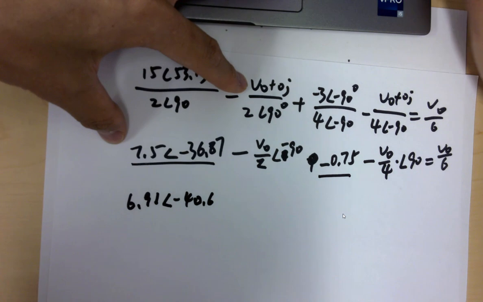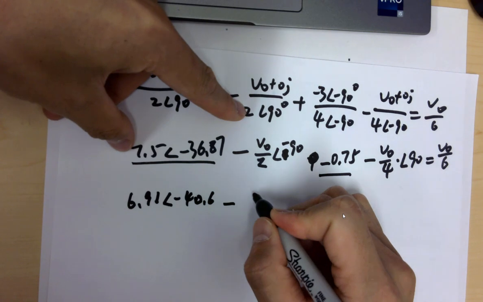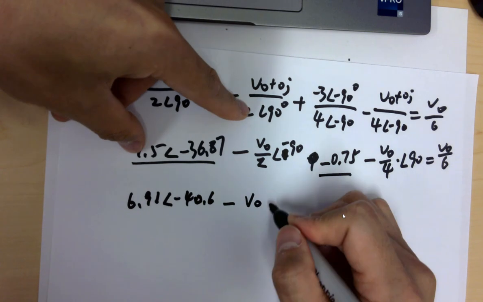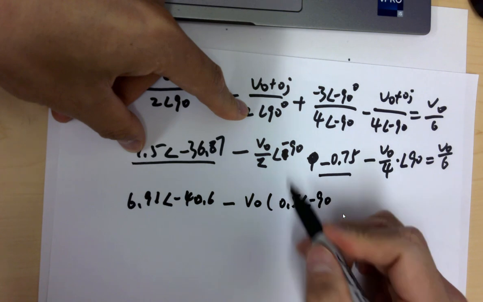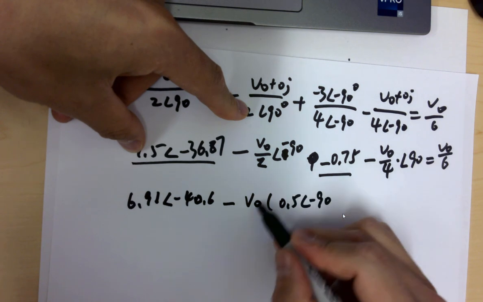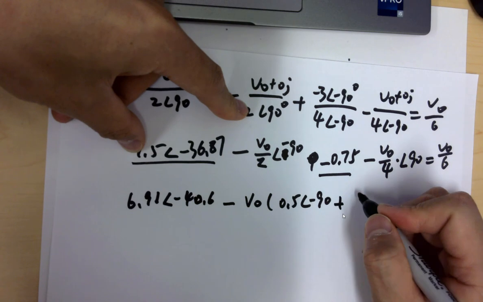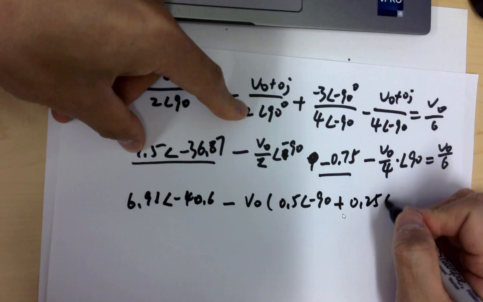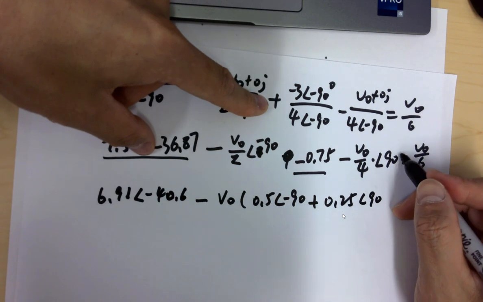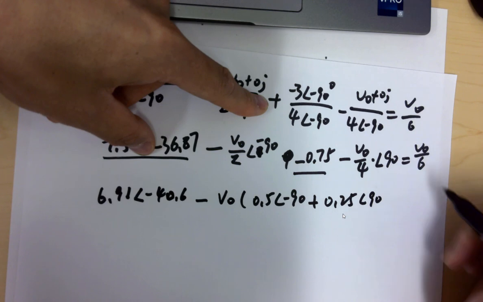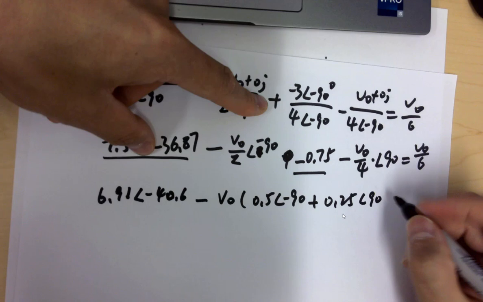Okay, now we have minus V0, take it out, it's 0.5, take this out, so got 0.5 plus 0.25, 90 degrees, and move this to here, so this becomes plus, right?